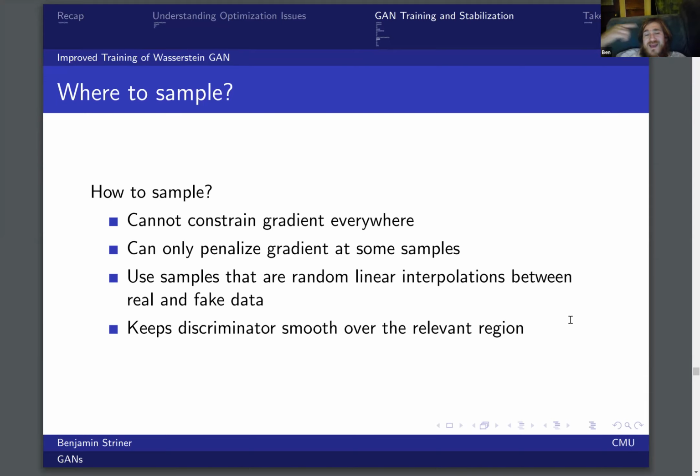As long as that's happening, my Lipschitz is upper bounded, then I'm correctly calculating my Wasserstein distance. And if I'm calculating my Wasserstein distance and minimizing it, then two things match, and that's what I want.